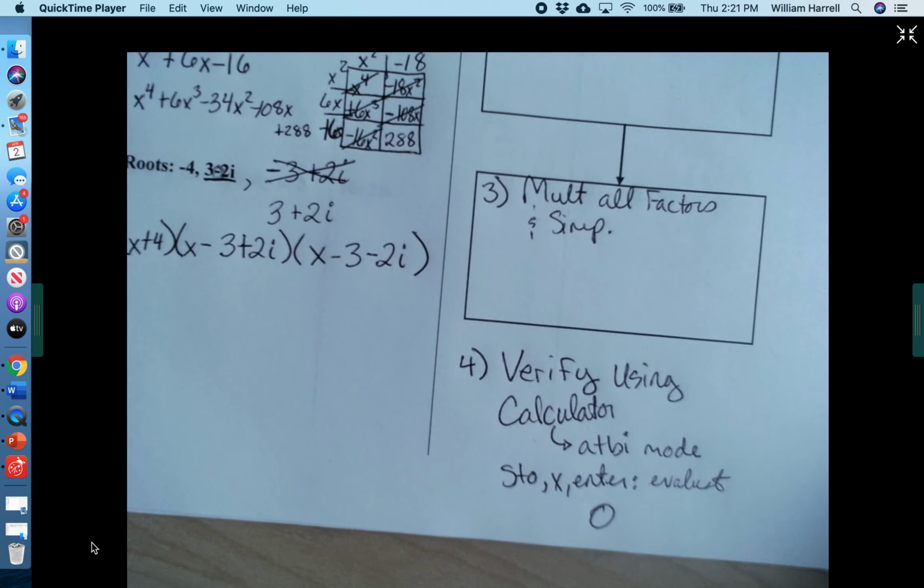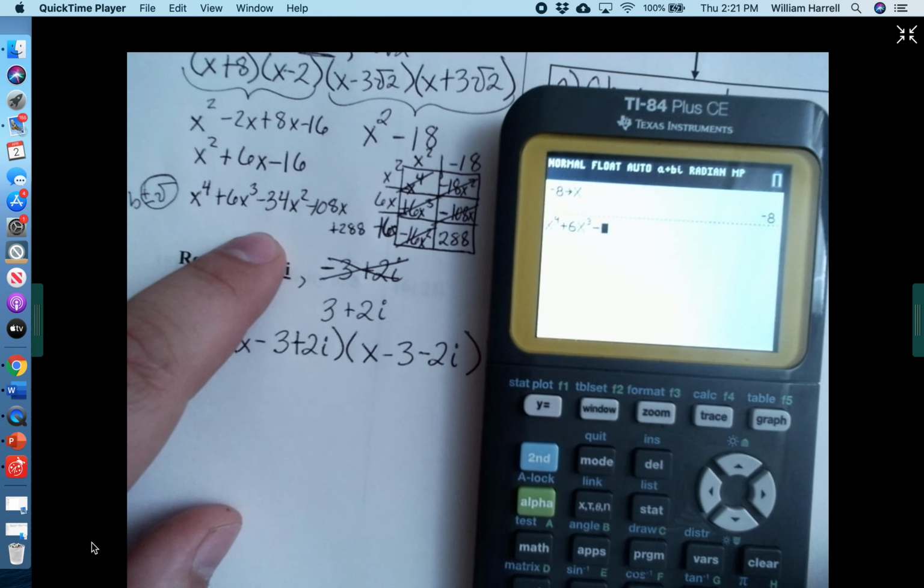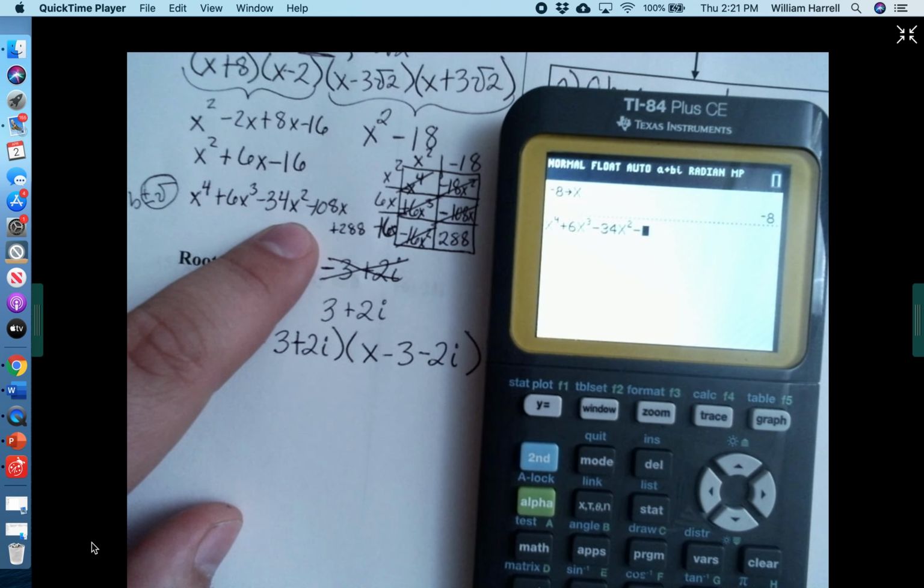We then type our polynomial, x to the 4th plus 6x cubed minus 34x squared minus 108x plus 288. I hit enter, and I get 0.